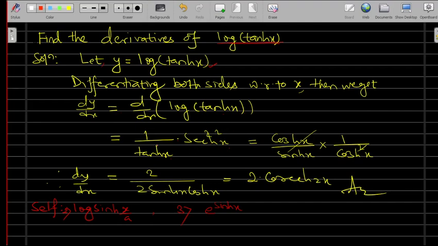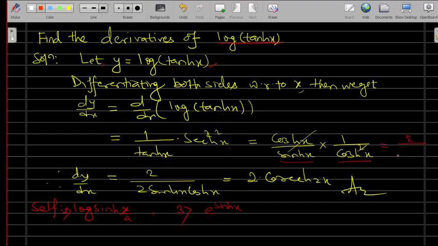Hyperbolic tan x is sine hyperbolic x by cos hyperbolic x, times 1 by hyperbolic cos square x. Then this cancels. What we obtain from this step is 1 upon hyperbolic sine x and hyperbolic cos x.